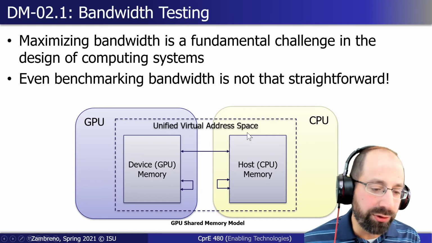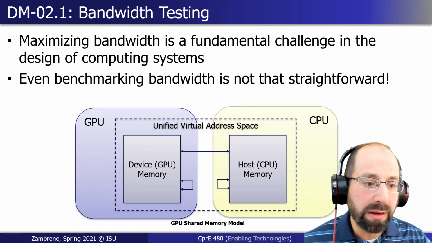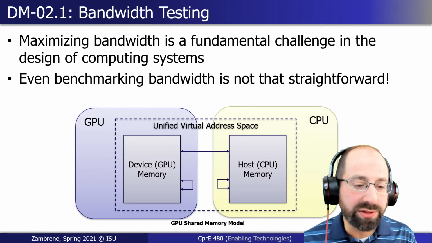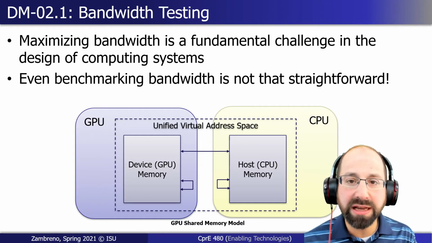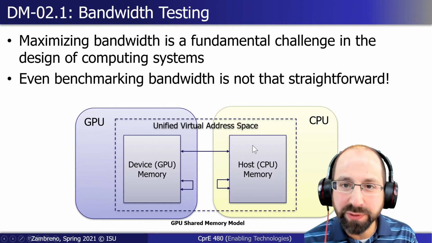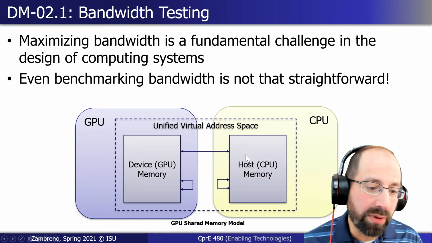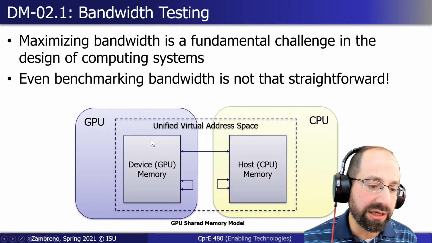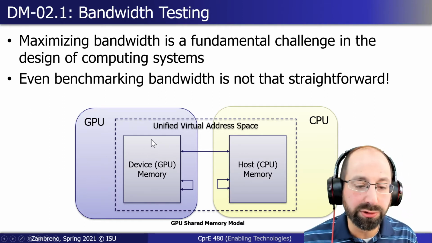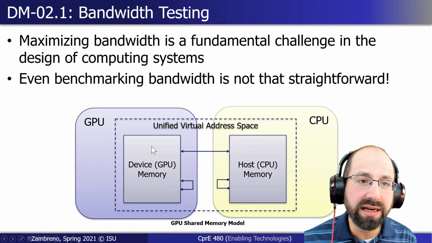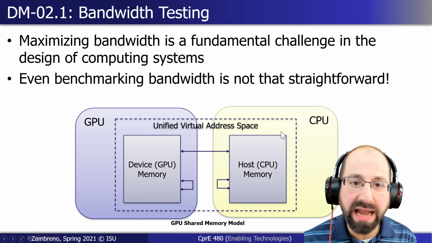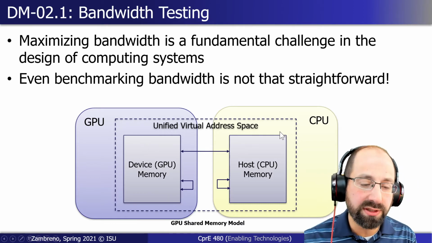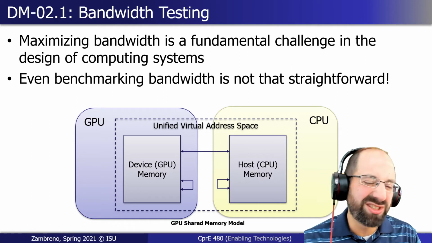It's not truly a unified address space, but from the virtual memory's perspective, you have certain pointers that correspond to data resident in the CPU's DRAM, and certain parts of your address space that correspond to data that's actually physically resident on your device. That's the CUDA term, but your GPU memory. And having one unified address space does make the programmer's view of the system much simpler.